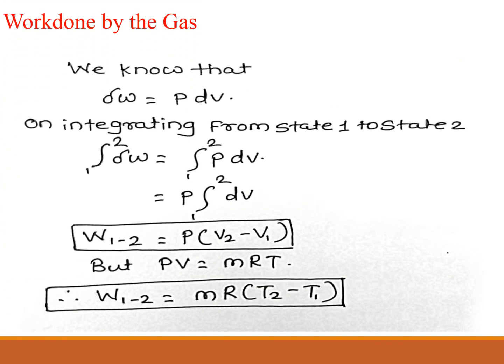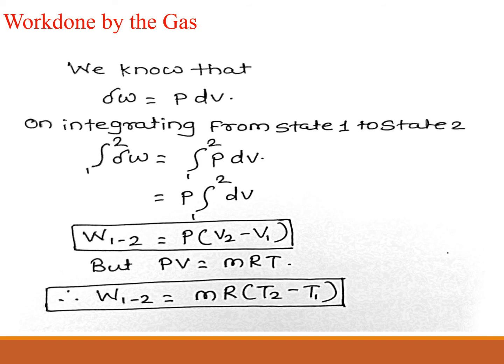Work done by the gas. Work done is the area under the PV diagram. We know that work done is equal to P dV. So integrating from state 1 to state 2, we get work done 1 to 2 is equal to P (V2 minus V1). But PV is equal to mRT.